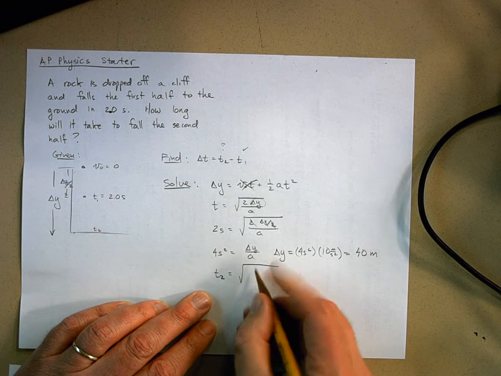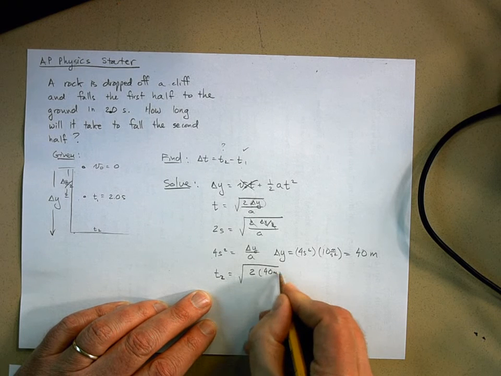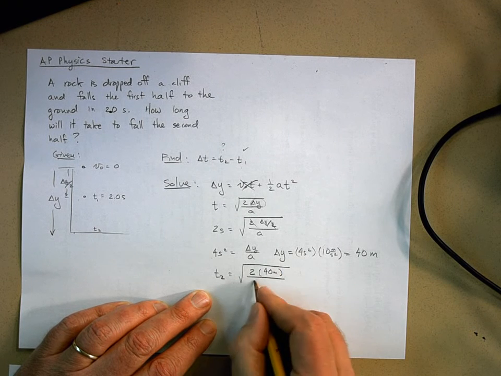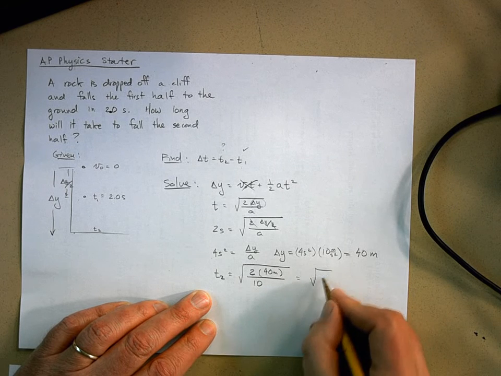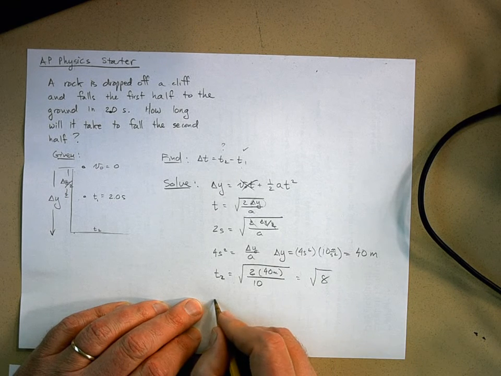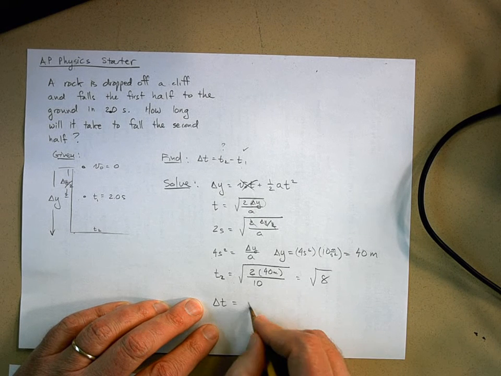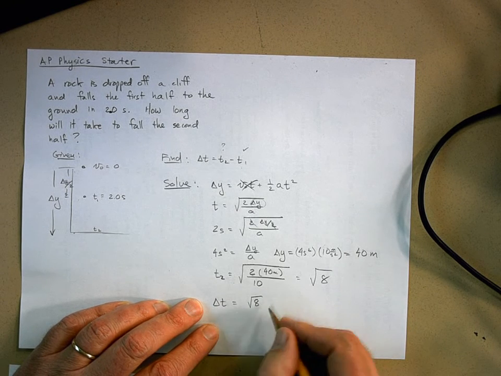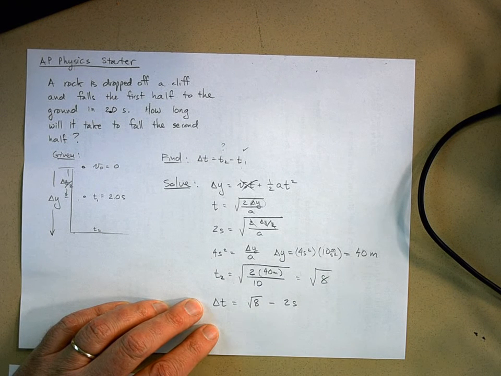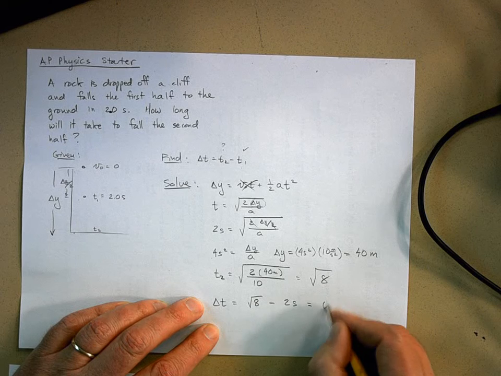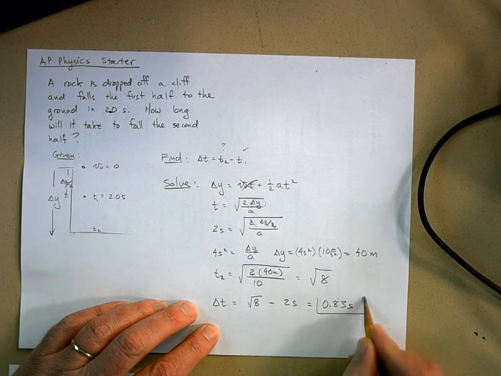So this is going to be 2 times delta y, which is 40 meters now, divided by 10. 2 times 40 divided by 10 is 8. So this is the square root of 8. So delta t is going to be equal to T2, which is the square root of 8, minus 2 seconds, and on my calculator, when I do that, I get 0.83 seconds, and that would be my answer.